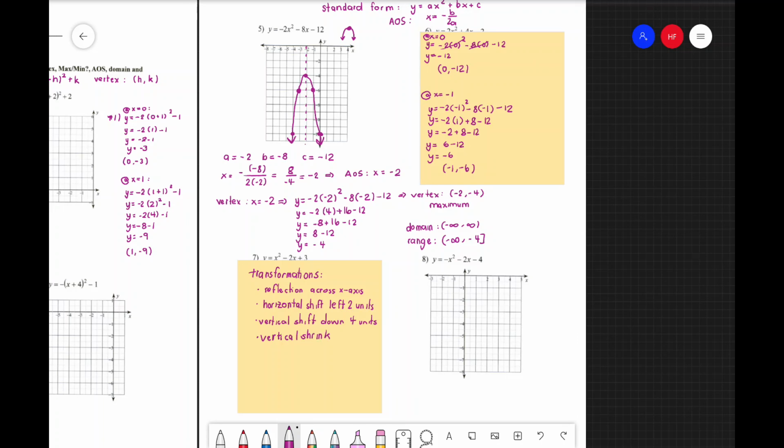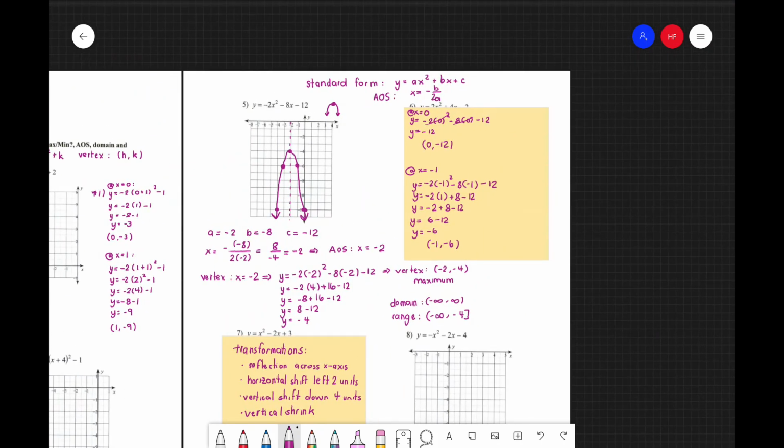And here's the thing. Standard form is ax squared, right? Vertex form is a(x minus h) squared plus k. Do you notice that these a's are the same?